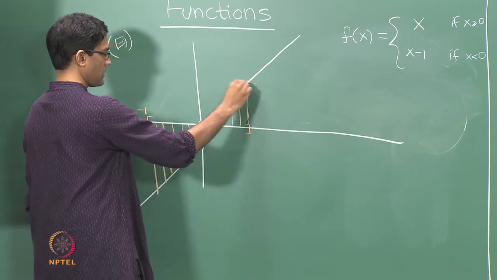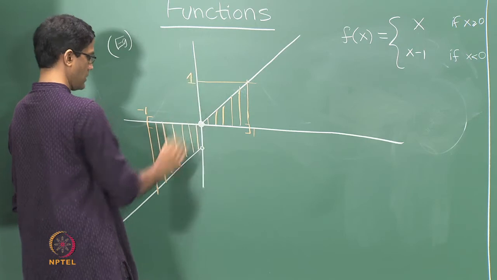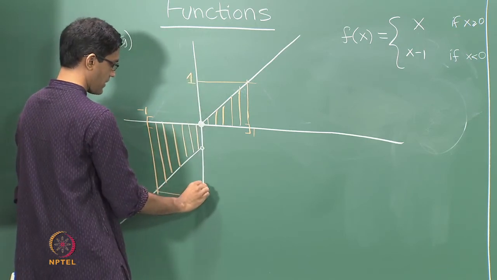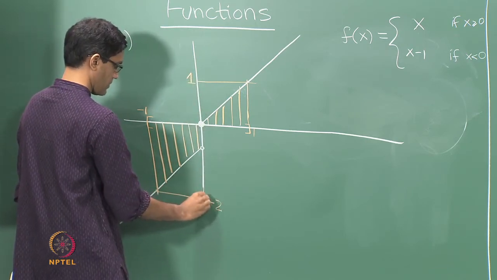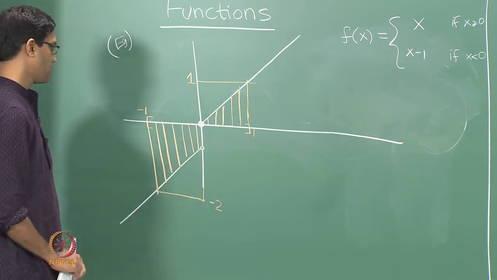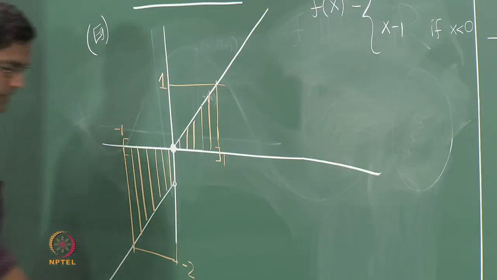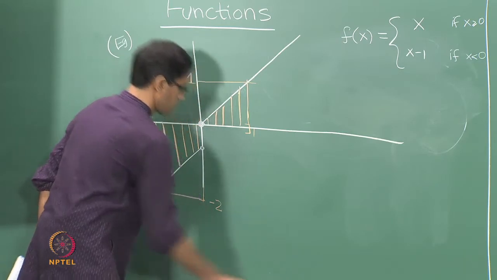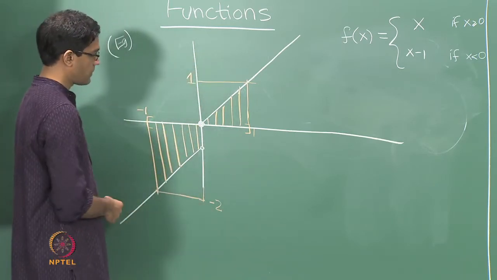And now again observe that the maximum value is a 1, the minimum value is in fact a -2, right. So those are the maximum and minimum values, but here's a key difference as compared to the previous case.